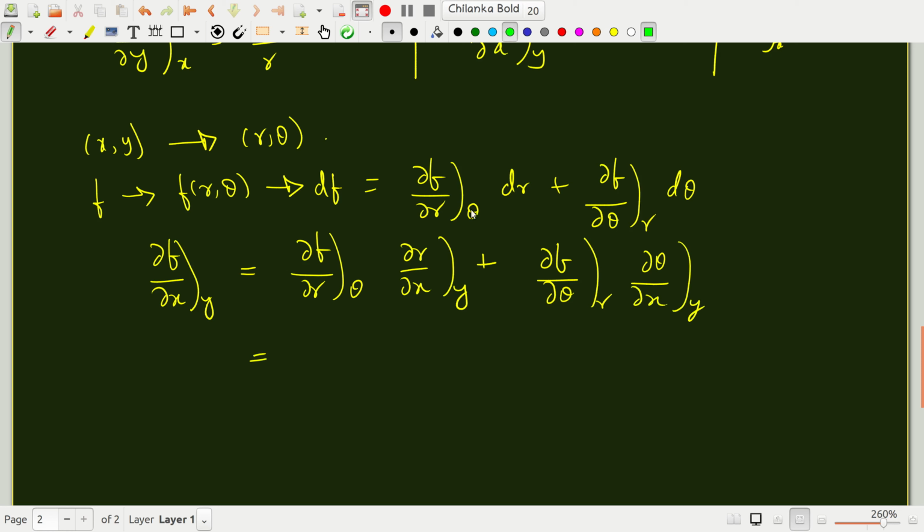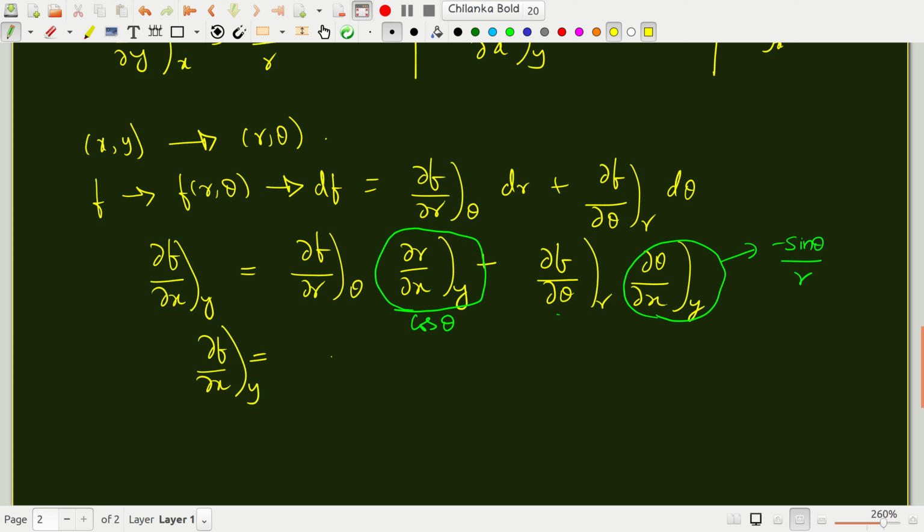Now we know what these are; we just discussed them. This is cosine theta, and this is minus sine theta by r. So what is partial f partial x at constant y?